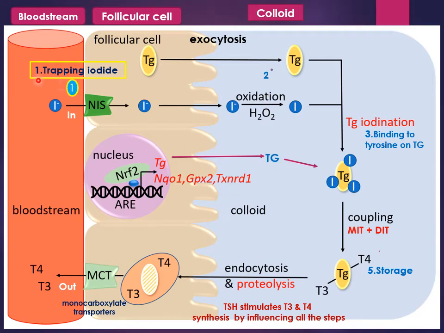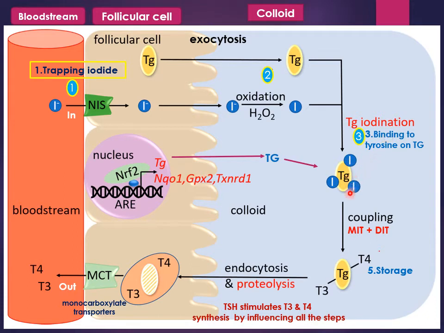The first step is the trapping of the iodine from the blood, and this is known as trapping of iodine. Next is oxidation of the iodide to iodine, and this is called oxidation. This oxidized iodine then binds to tyrosine on the thyroglobulin molecules, and this is known as binding.